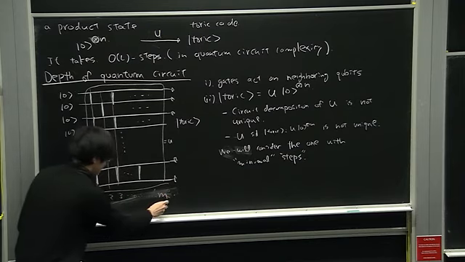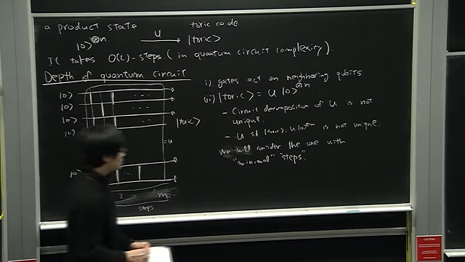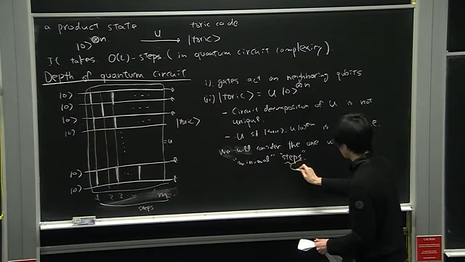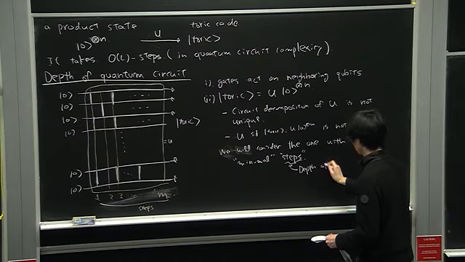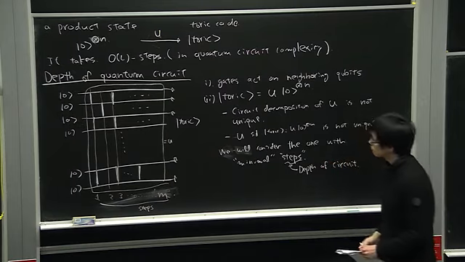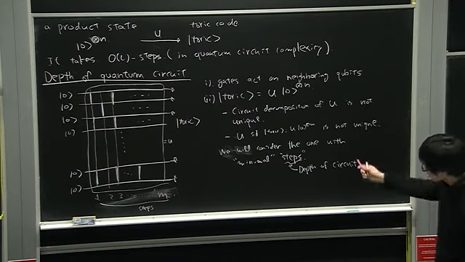So this is the number of steps. And in more precise language, this number of steps is called the depth of a circuit. Okay, so this is the definition of the depth of the circuit.